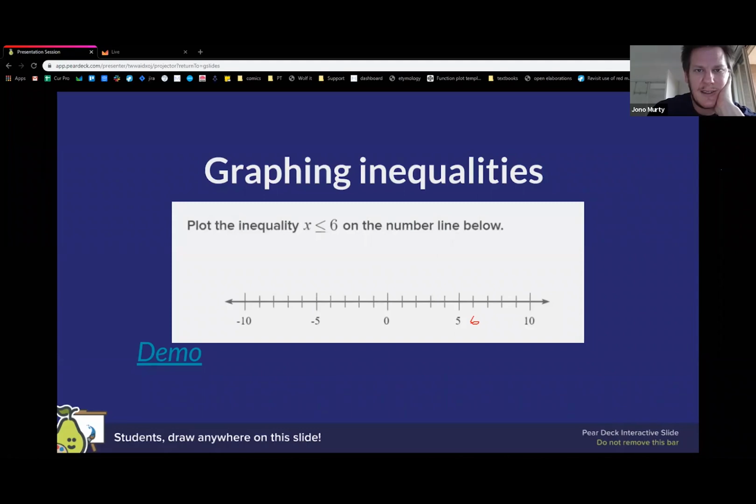Let's put a point there. And we want to go that way. So we have X is equal to 6, and then everything where X is less than 6.